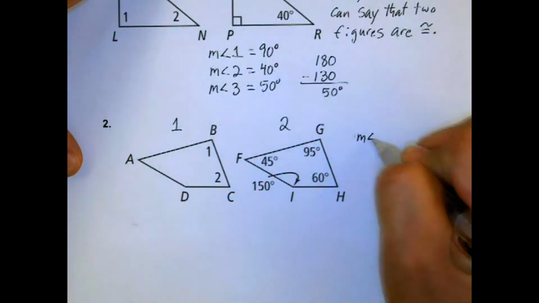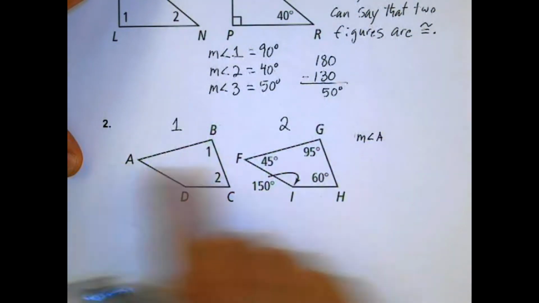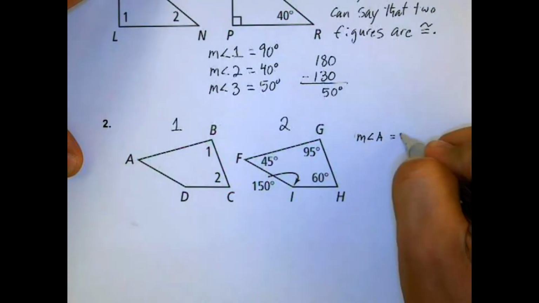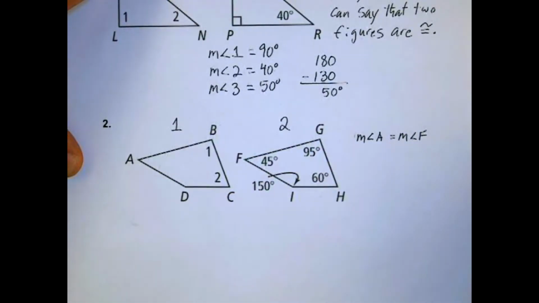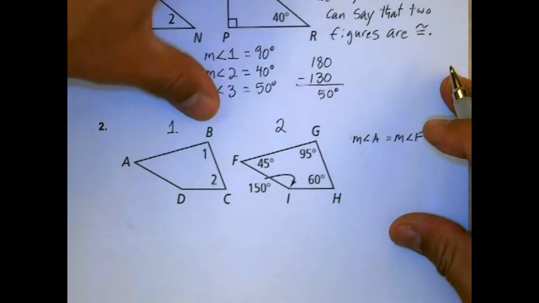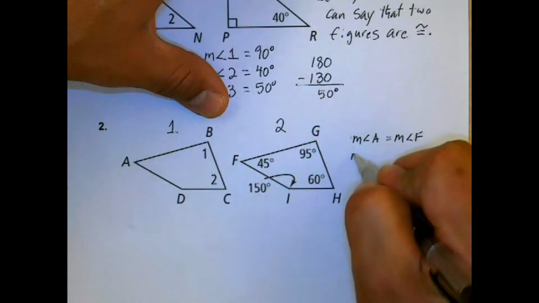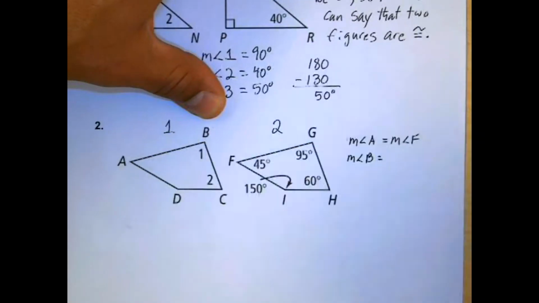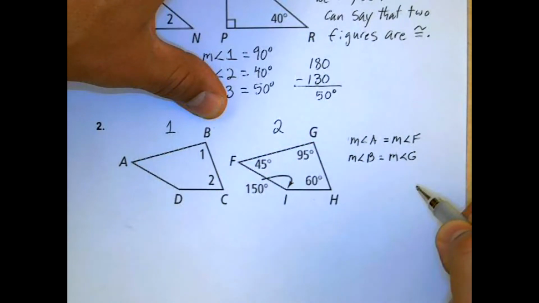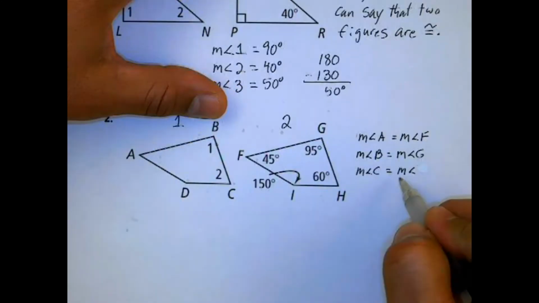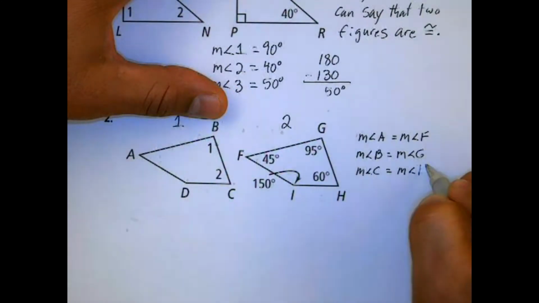So the measure of angle A corresponds to the measure of angle F, which means the measure of angle A is equal to the measure of angle F. Okay? So we're making a list of all the angles that are congruent. The measure of angle B will be equal to the measure of angle G. The measure of angle C will be equal to the measure of angle H.